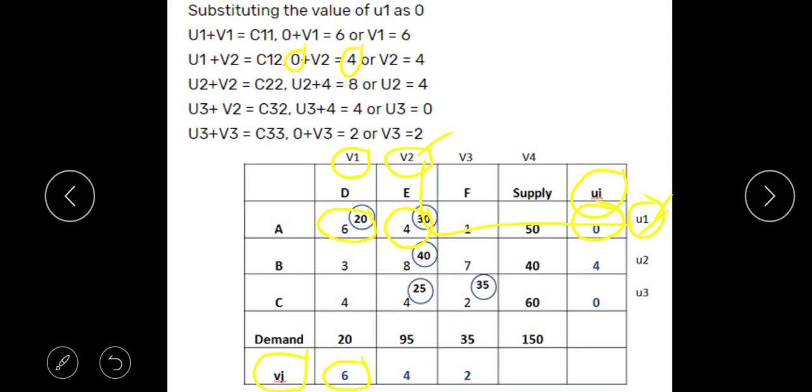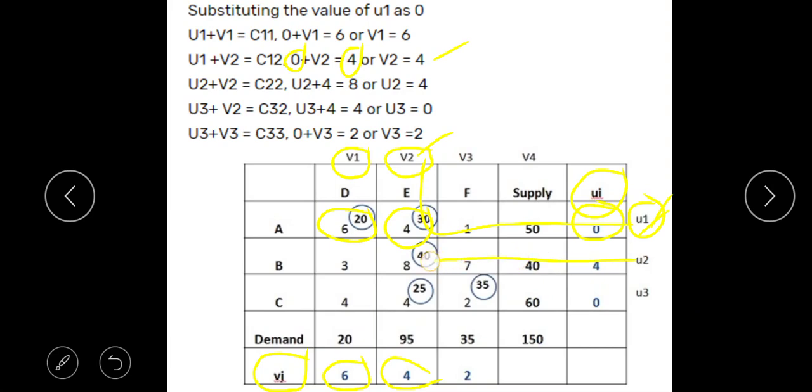Interchanging the values, V2 is equal to 4. Mention 4 here. Now we have got the values of U1, V1 and V2. Next we have to calculate for the next occupied cell. Which is the next occupied cell? This is C22. This is the next occupied cell.